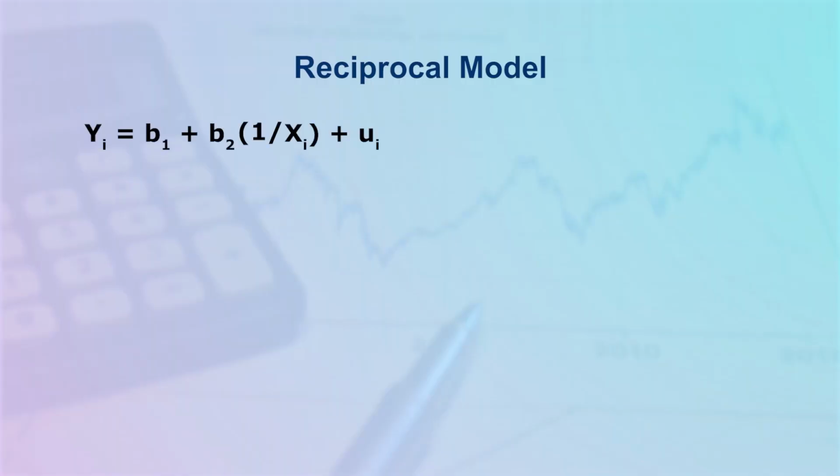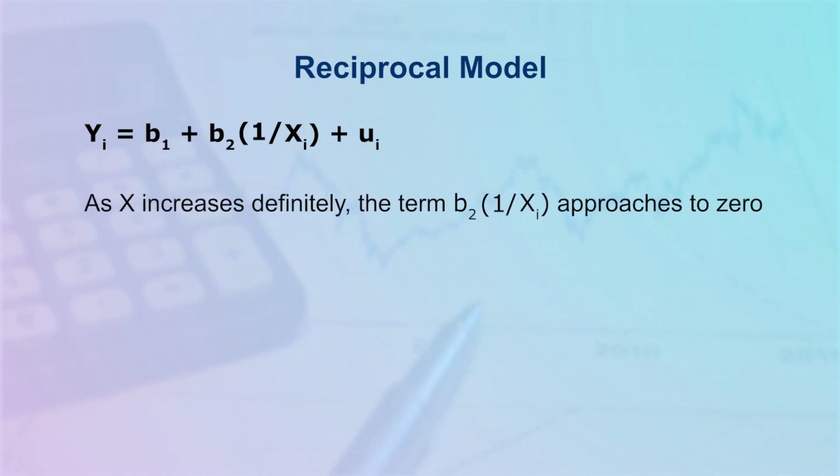Now we go for the third type of model, which is called the reciprocal model. That means x is taken in a reciprocal form. Instead of yi regressed on xi, yi is regressed on 1 upon xi, which means that as x increases, 1 by xi becomes very small.